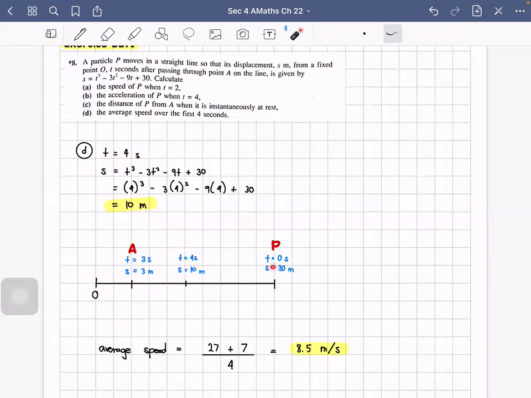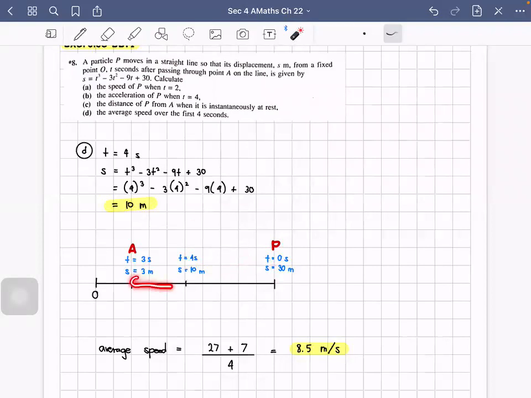So again, the particle started from P going to A, and then from A it turned around, and ended here at the 4-second mark. So what is the average speed? The total distance covered is this first, which is 27 meters. After 3 seconds it turned around, right?